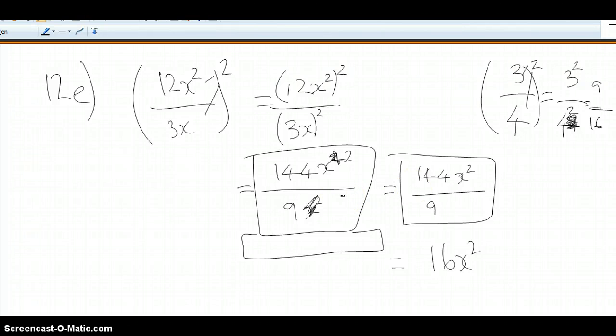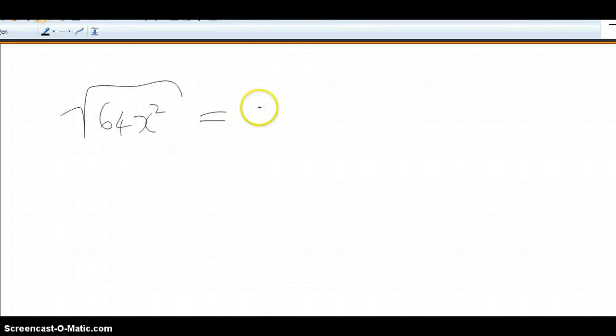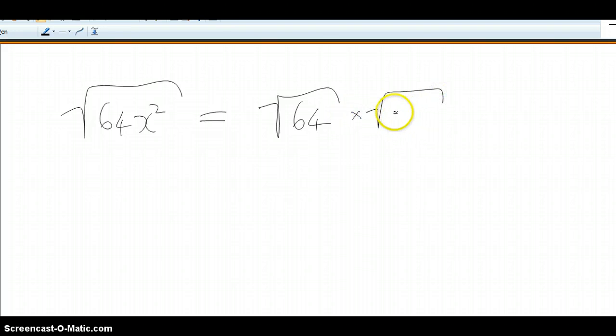Okay, question 13. Watch closely. You might not have seen this before. Question 13 is the square root of 64x squared. That can be written as the square root of 64 multiplied by the square root of x squared.